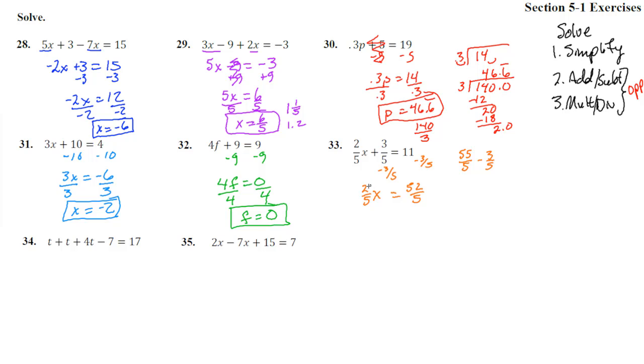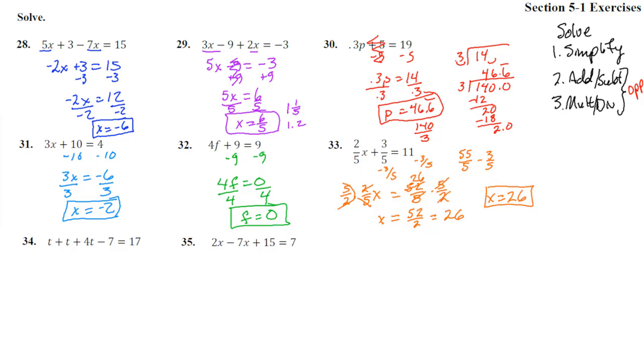Then multiply by 5/2. Again, we're dividing by 2/5, so multiplying by the reciprocal is the same thing. That cancels completely out, leaving x equals, that cancels there, and we get 52/2. Divide by 2, and that equals 26. x equals 26. I guess we could have done that up here: 52 divided by 2 gives you 26.